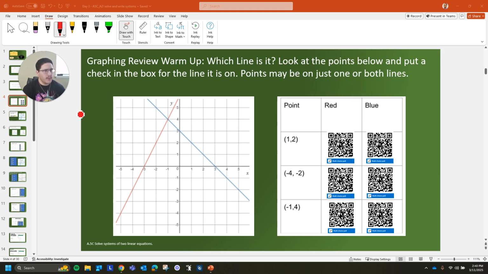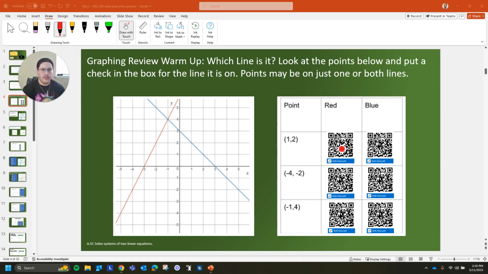So, quick review before we move on to the rest of the lesson. Which line are these points on? I have a list of points here: (1, 2), (-4, -2), (-1, 4). Look at the points below and put a check in the box for the line that it is on. Points may be on just one or both lines.